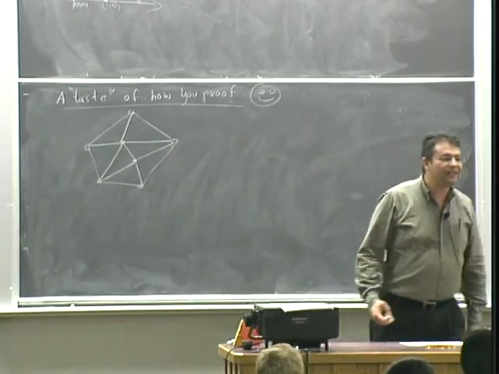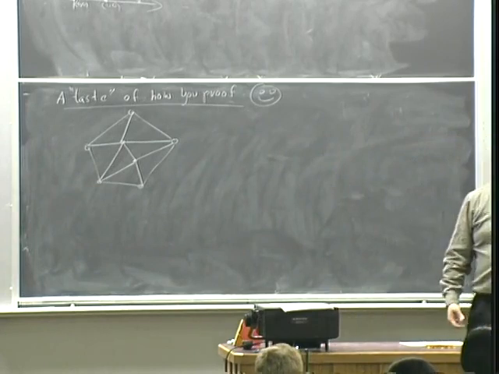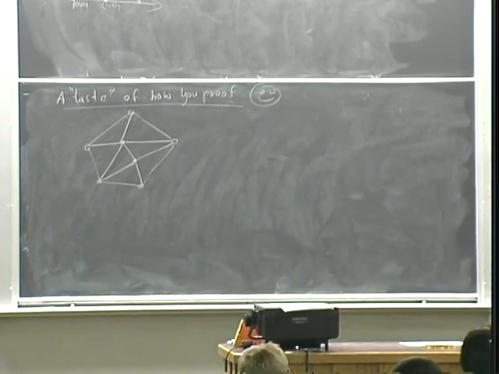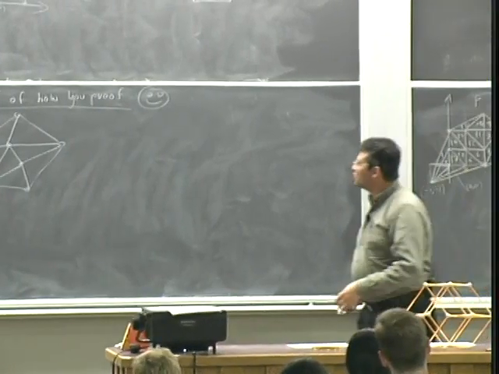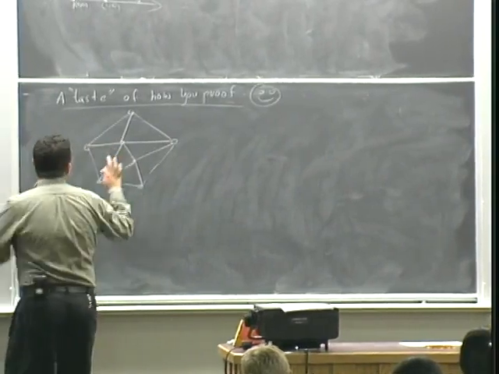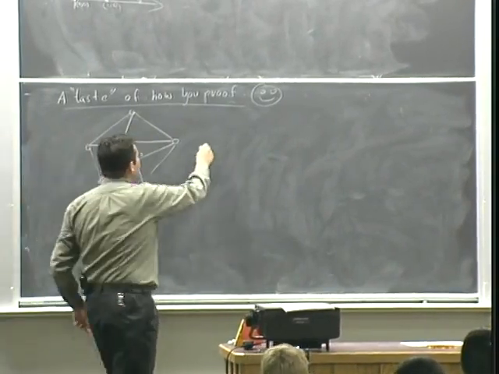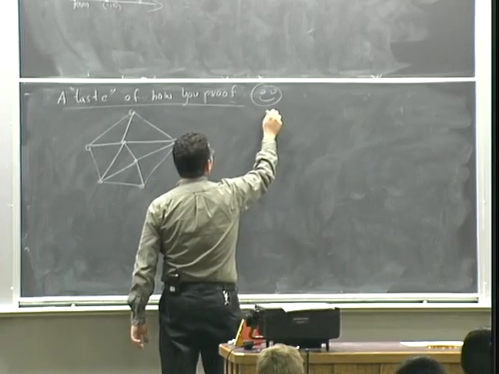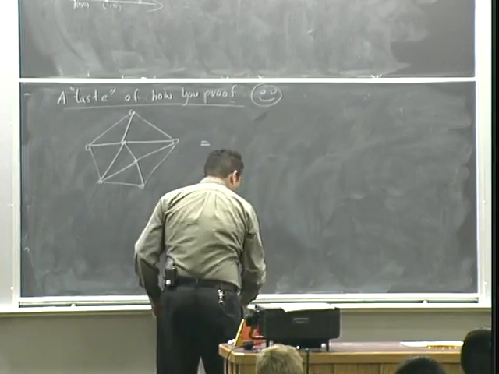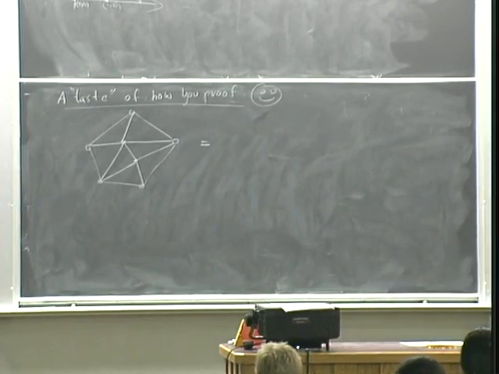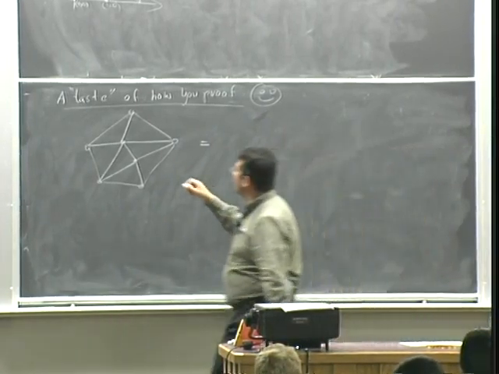I claim that there is a natural way of decomposing the polytope into open simplices in such a way that you can get the total. So I claim that the number of lattice points inside this figure is equal to the number of lattice points inside the open triangles. Let's use colors. Let's call this orange.